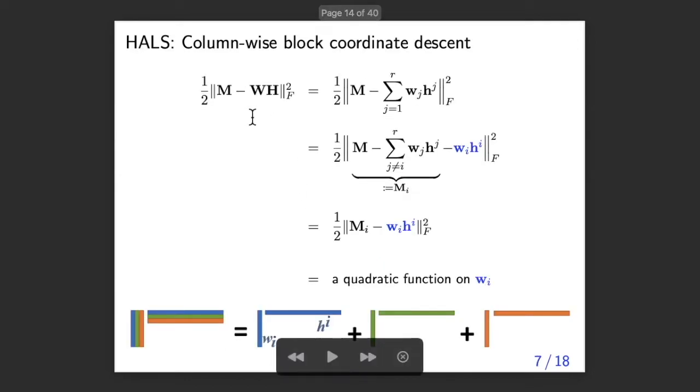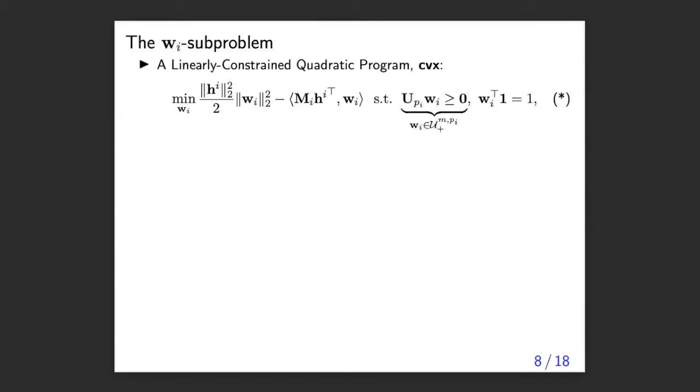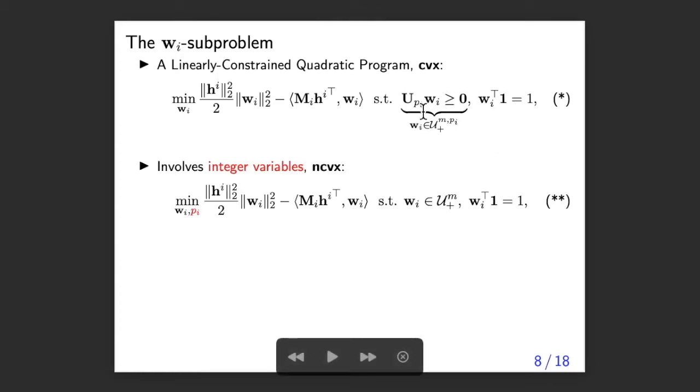So here is an illustration expressing this objective function as a function of Wi. You can pause to look at it carefully. Now the subproblem on one column of W is a linearly constrained quadratic program. This problem is convex because here we know the P. However, in general, we don't know the P. Therefore, star is a non-convex problem.